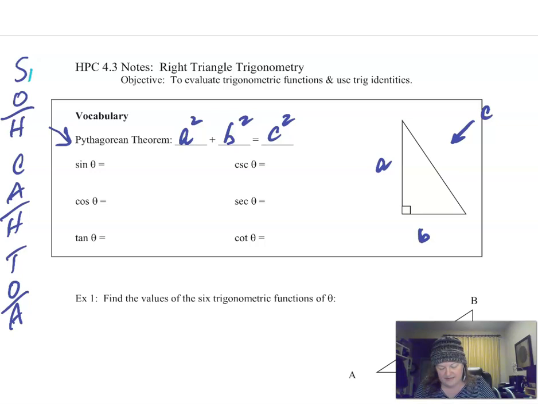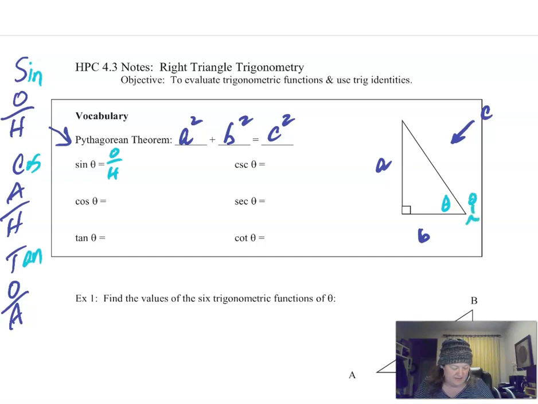S stands for sine, C stands for cosine, and T stands for tangent. So sine of theta is O over H, and of course that depends on where we're standing on the triangle. We never stand at the right angle. We're always standing at one of the acute angles.